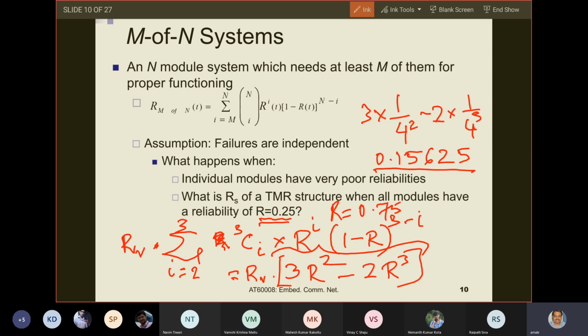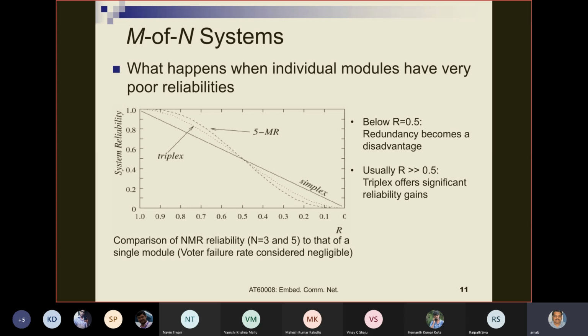If your individual reliability is good, then with triple modular redundancy your overall reliability is enhanced. So there is use of having triple modular redundancy. However, if the individual system reliability is low, then making it triple modular redundant has no effect, rather it has a bad effect. So this is the analysis.